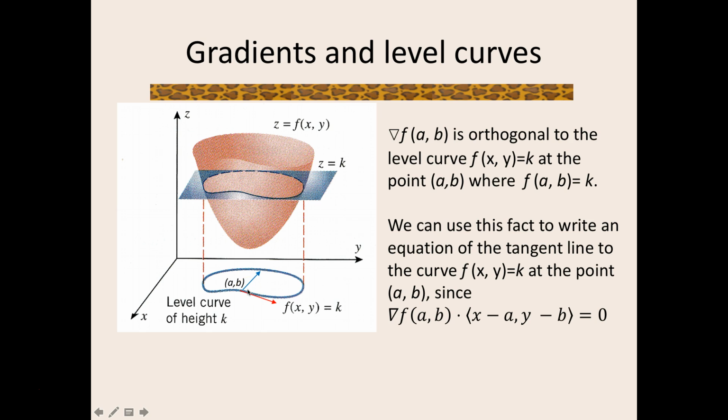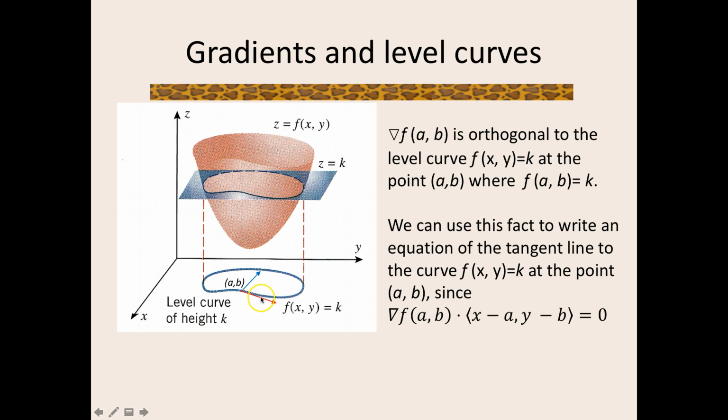Now, since the gradient is orthogonal to the level curve, or orthogonal to a tangent to that curve, we can actually use that fact to write an equation of a tangent line at a point in a very cute way. Now, we're talking about a tangent line on a two-dimensional curve. Okay, so this blue gradient vector is orthogonal to this red tangent vector. So I'm doing the dot product of the gradient at that point with x minus a, y minus b.